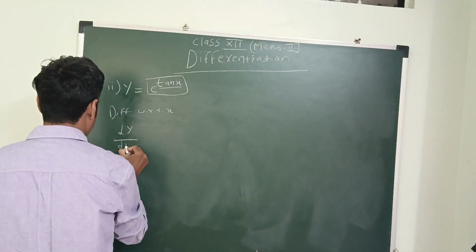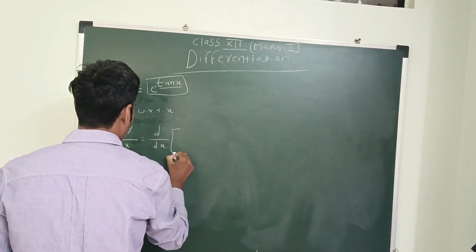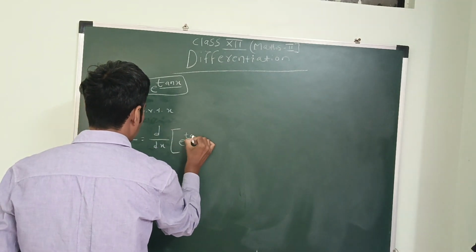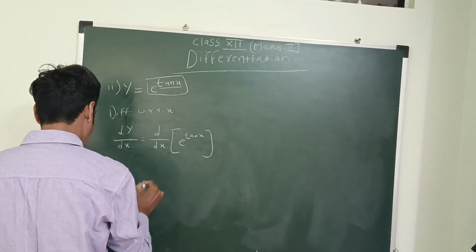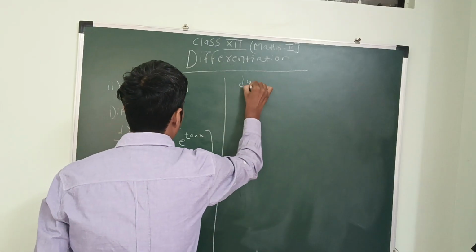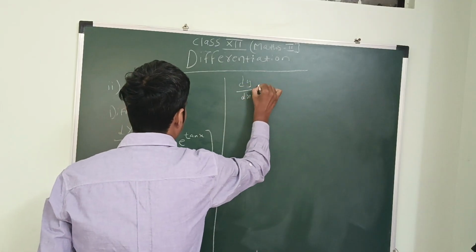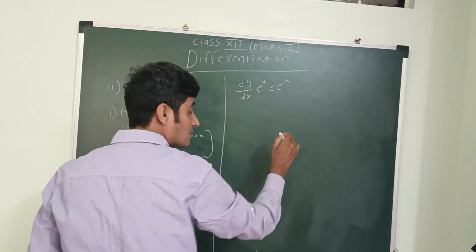dy by dx is equal to d by dx of e raised to tan x. Now the derivative of e raised to x is e raised to x itself.